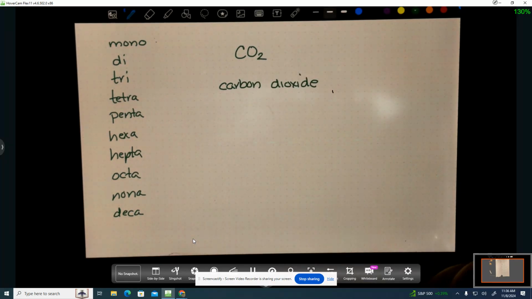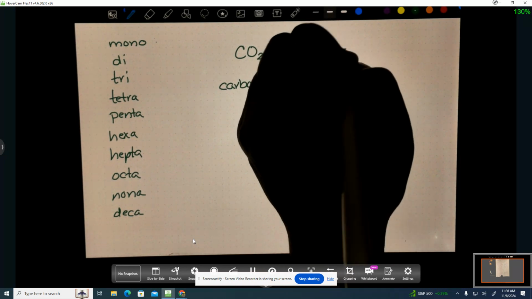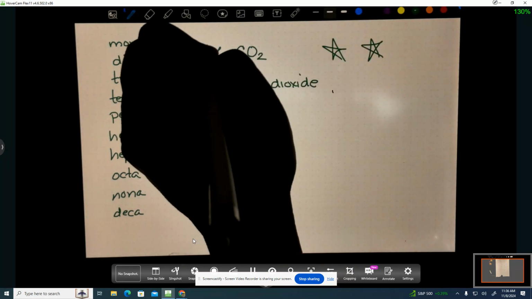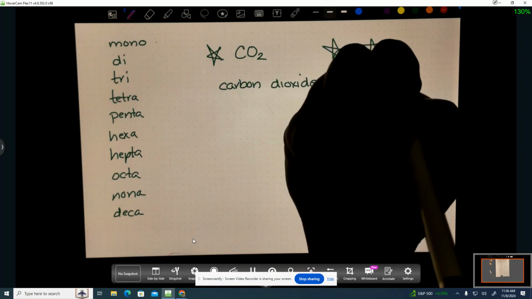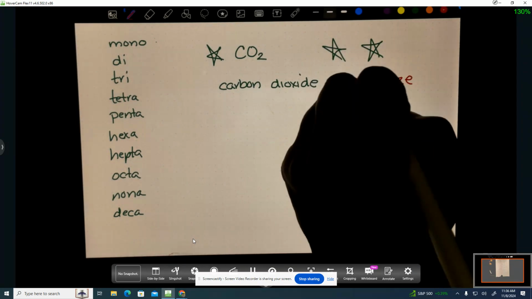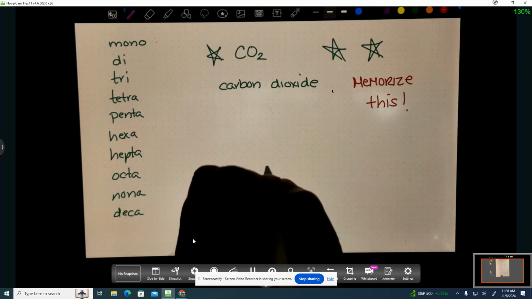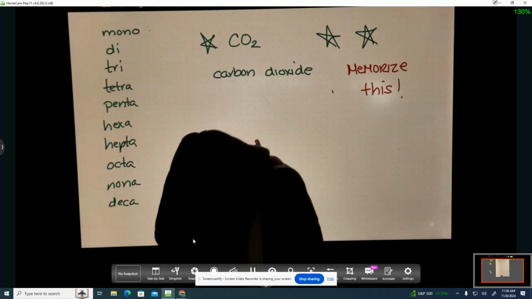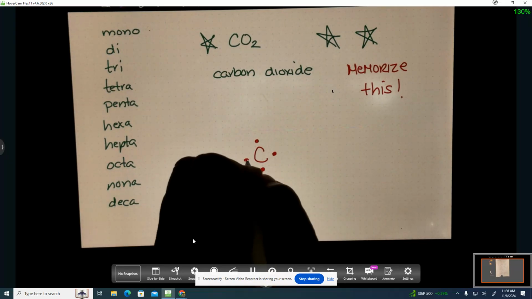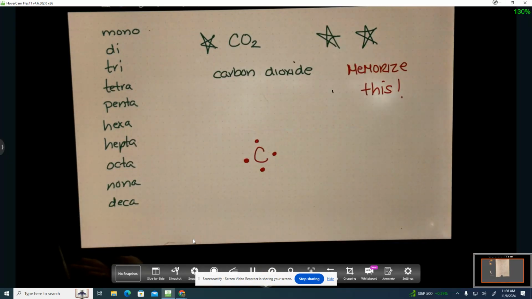Okay, did we draw carbon dioxide? Okay, put a star on this one. Memorize this. Okay, carbon goes in the middle. Carbon has 4 valence electrons. You've got oxygen.